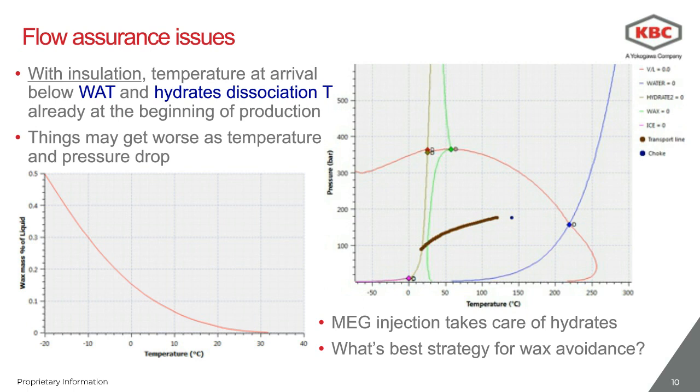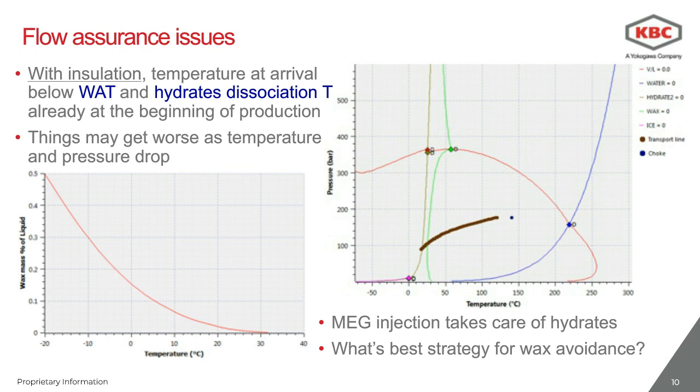diagram on the right-hand side is represented the VLE, the phase envelope, in red, the water line in blue, the wax line in green, and in golden is the hydrates line. The blue point is the choke. The points in brown are the representative for the pipe profile. This is just the subsea segment of the flow line.